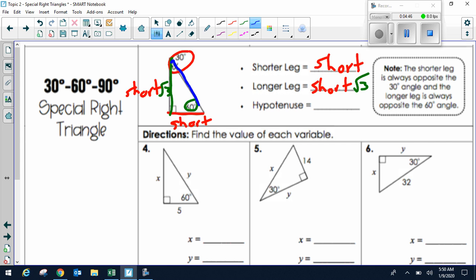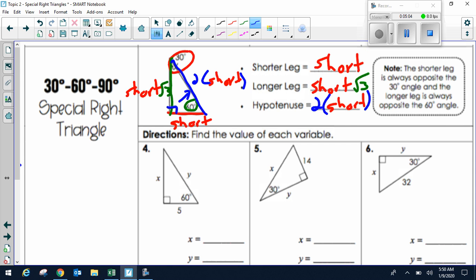The hypotenuse, opposite the right angle, is always 2 times the short leg.